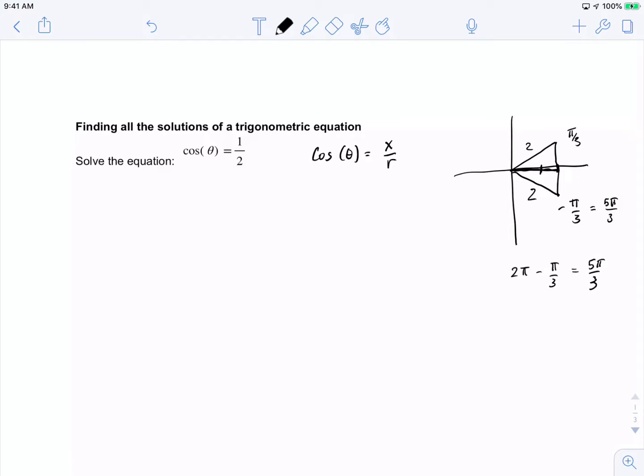Now, to find the solution to this, we have 2 solutions. So we have theta is equal to pi over 3, but we have to remember that this angle here is going to be equal to going all the way around and then coming there too, because it's going in loops. So because it does that, we can make full loops around, which is 2 pi, and then we need to multiply it by k, and k is the number of times that it's gone around.